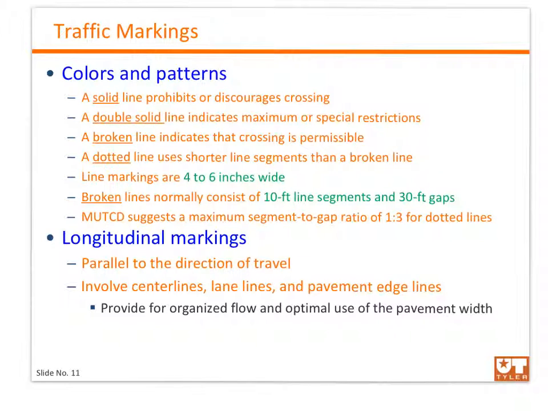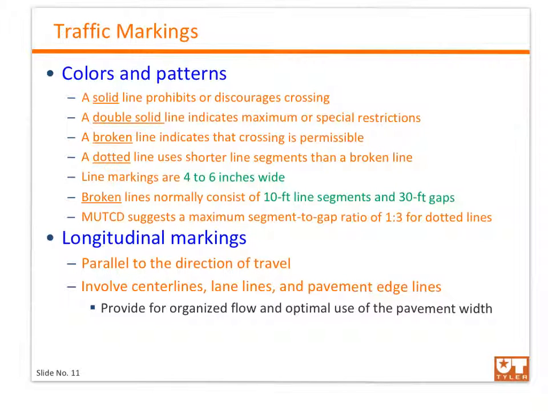Besides the color that we use to give a message to the drivers, we also use patterns. A solid line, for example, prohibits or discourages crossing. If I have a yellow solid line, that means I cannot cross that line.